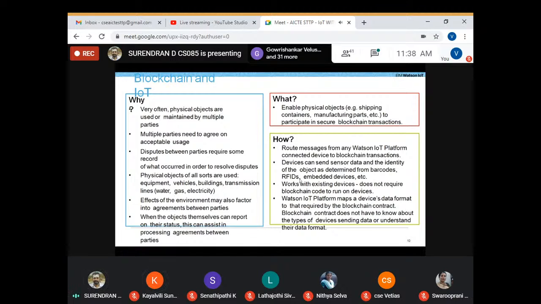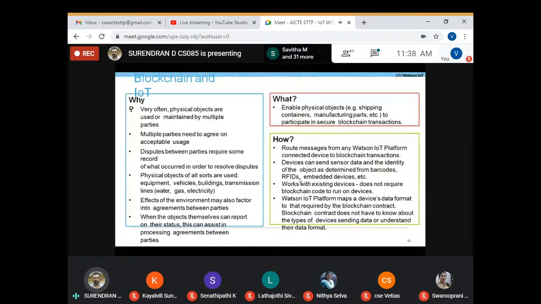Yes, sir. So why do we need blockchain integrated with IoT? The question is answered. What is the intended benefit of integrating blockchain and IoT? It enables physical objects, such as shipping containers and manufacturing parts, to participate in secure blockchain transactions. Assume you have placed an order with Amazon, and that item is in transit, and you go to check with its transit facility.